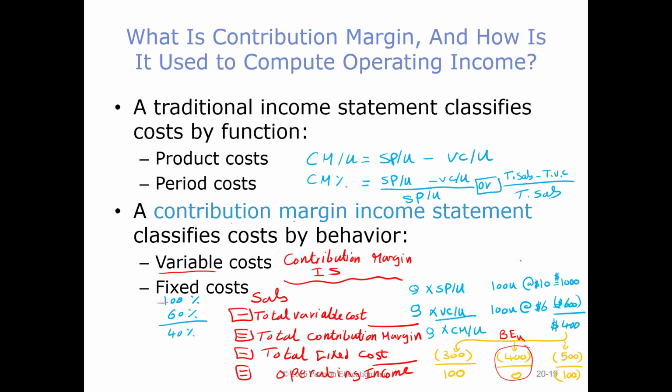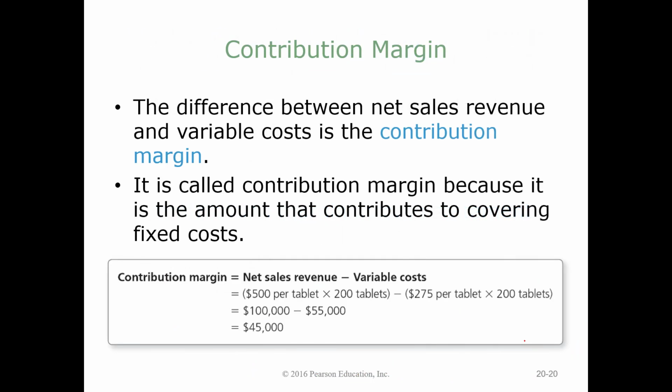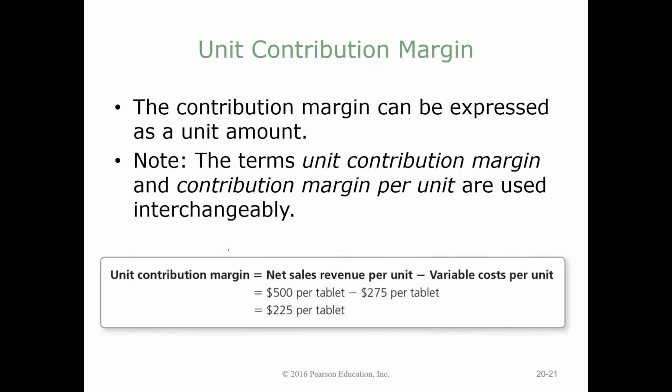Okay? So now, if I'm going to do that, I have to know that the contribution margin is the difference, as we said, between sales and variable cost. And it is called the contribution because it's the amount that contributes to covering fixed cost. And this is what we just said. Actually, the unit contribution margin, or contribution margin per unit, is calculated as selling price per unit minus variable cost per unit.